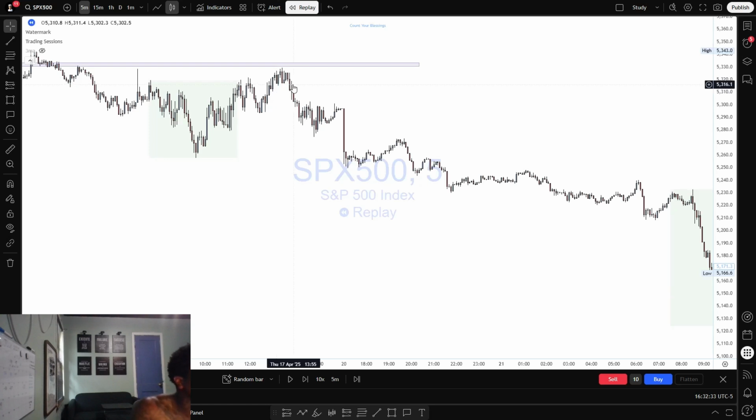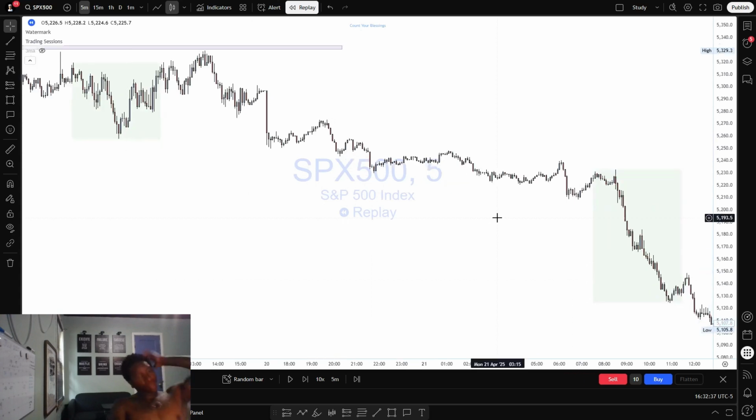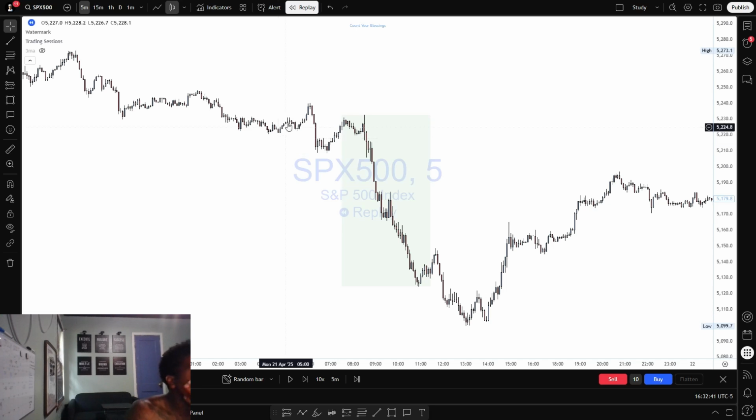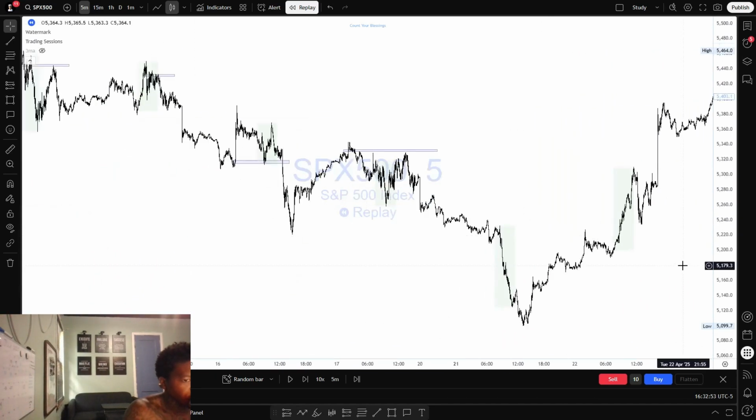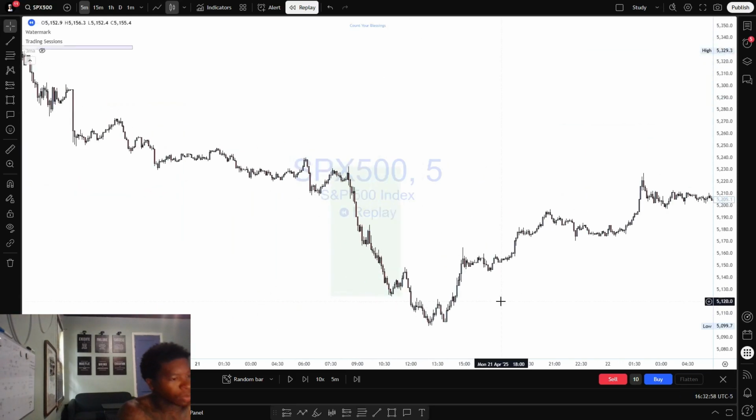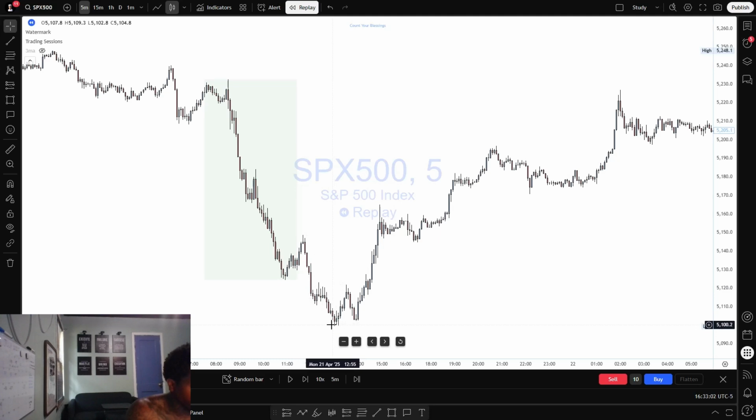And this is pretty much that right there. Basically being flexible with it as well. You see, break retest here.